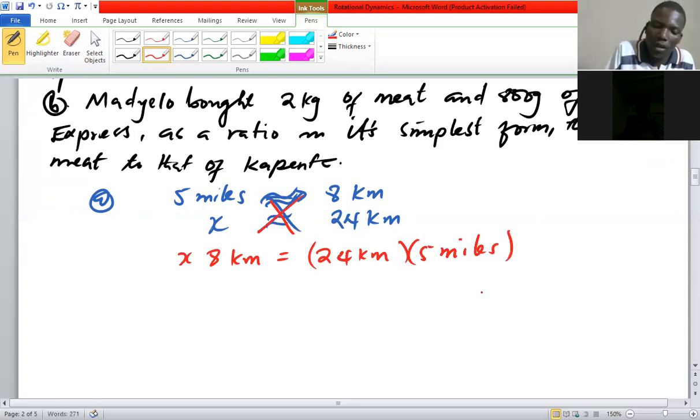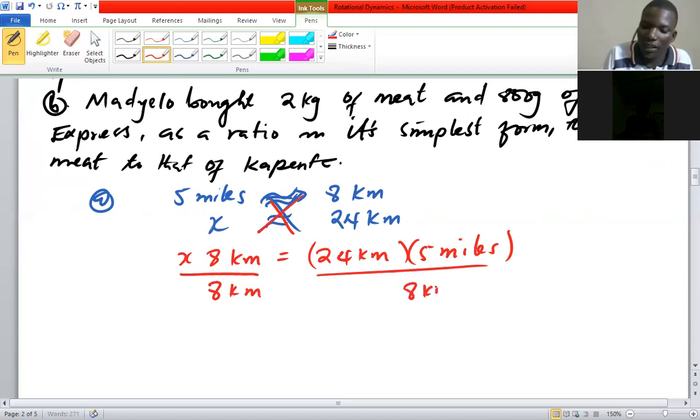So we divide throughout by 8 kilometers. The kilometer and that kilometer will go, and 8 and 8 will go. So what we're going to have is 24 times 5 miles divided by 8.